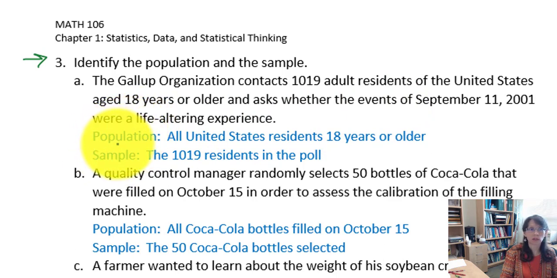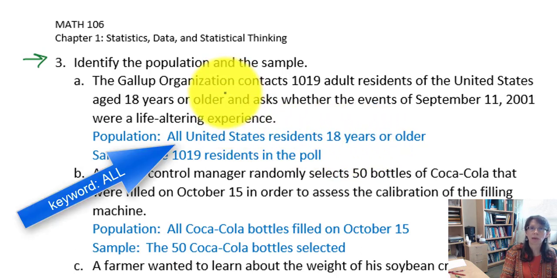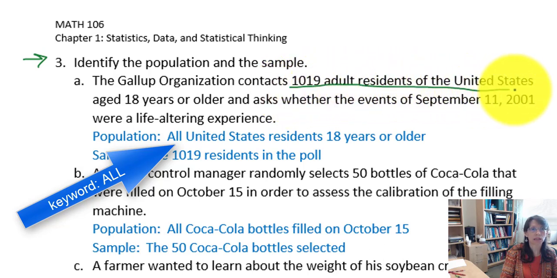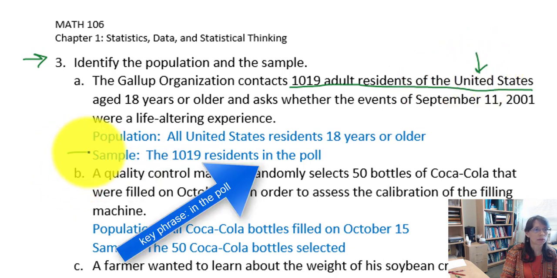So the population of interest here would be all United States residents 18 years or older. Looking back at the description, it's pinpointing the 1,019 adult residents of the United States. So that would just be the sample. The bigger picture would be all U.S. citizens. So the sample is just those 1,019 residents in the poll.